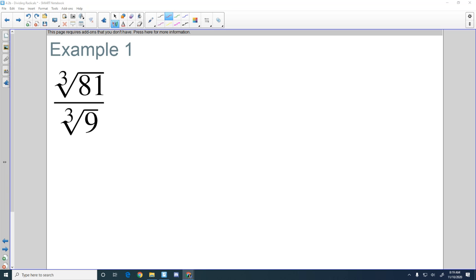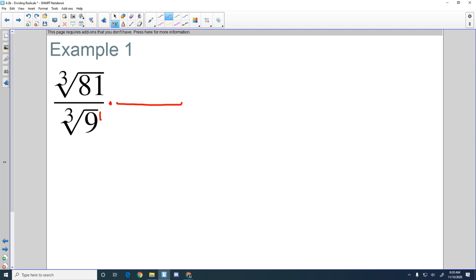So how many more 9s will we need to multiply in that denominator? Nice. So that's 9 to the first.